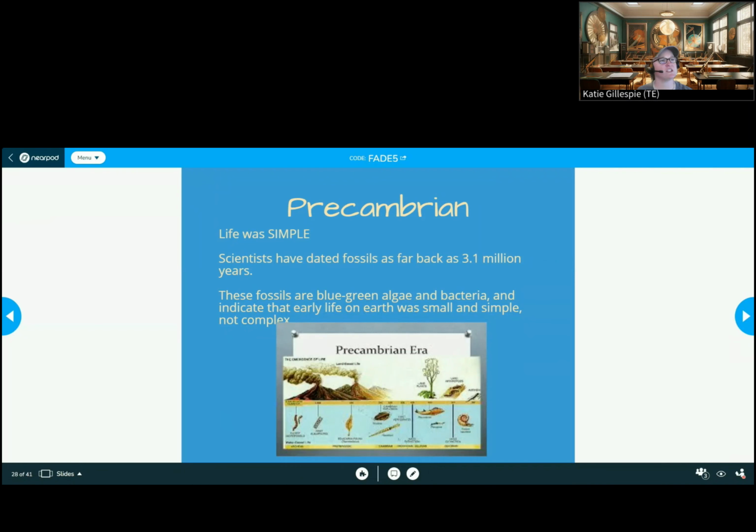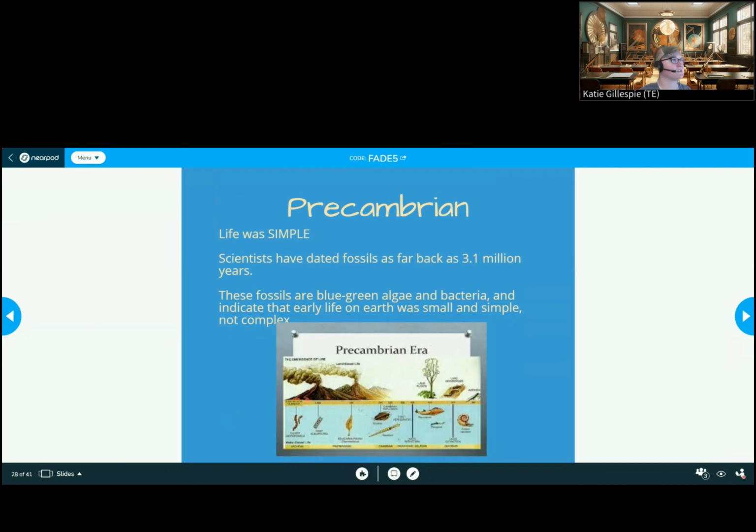The overarching theme for Unit 2 is simple to complex. Okay? When you get asked a question, okay, what could be older, a worm or a bird? What existed before? A fish or a snake? If you think in the lines of simple to complex, you're going to be able to say, well, worms would have evolved first, right?